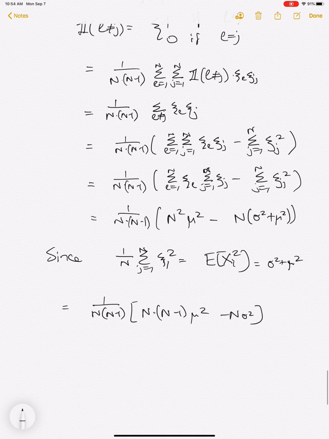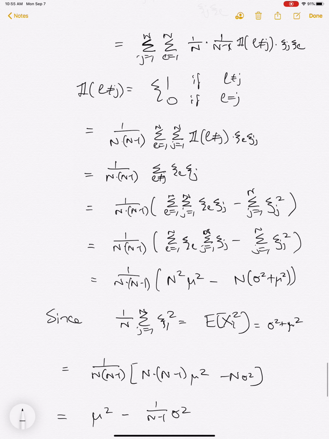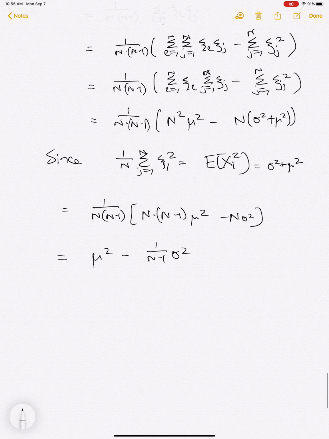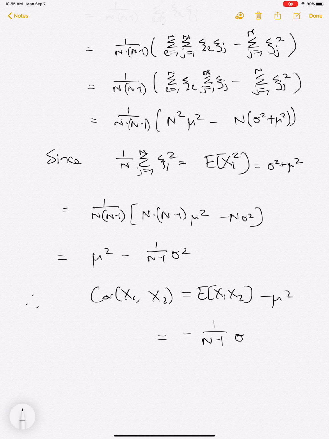So therefore this thing is going to be equal to mu squared minus 1 over n minus 1 sigma squared. So therefore the covariance of x1, x2, which is equal to E of x1 x2 minus mu squared, is just going to be equal to negative 1 over n minus 1 sigma squared.